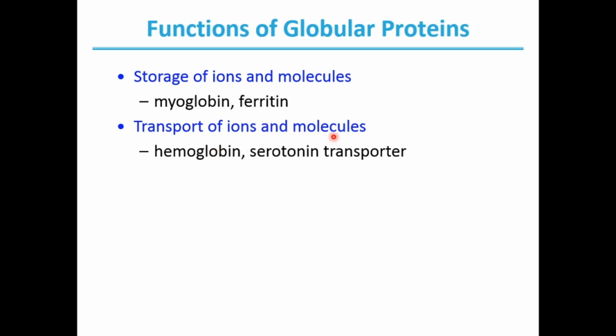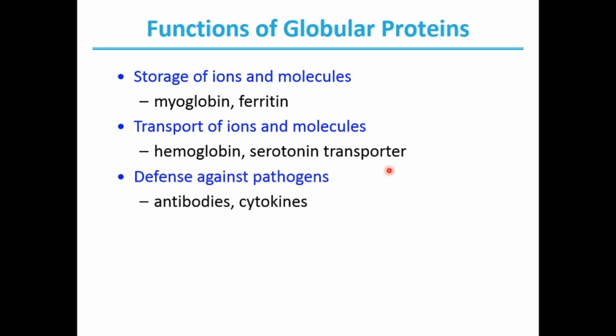Transport of ions and molecules. Hemoglobin is a characteristic protein that transports oxygen in blood. Serotonin transporter is another example. Defense against pathogens. Antibodies are one of the best examples that can initiate defense against a foreign body like a pathogen.